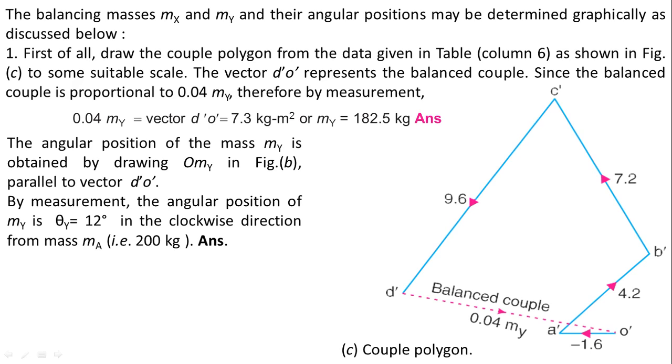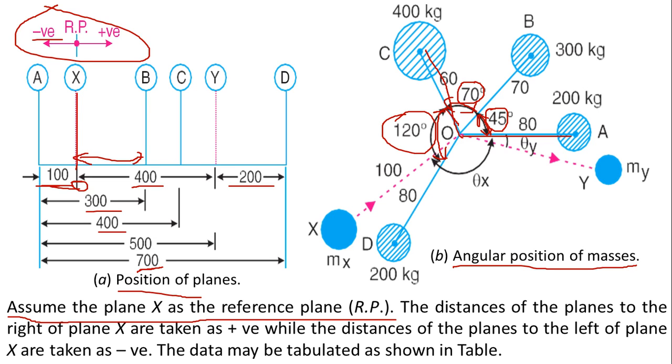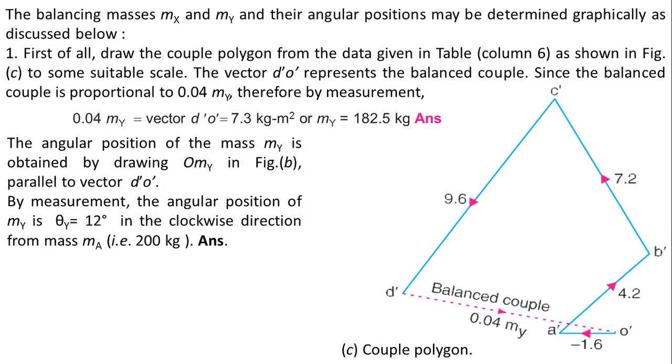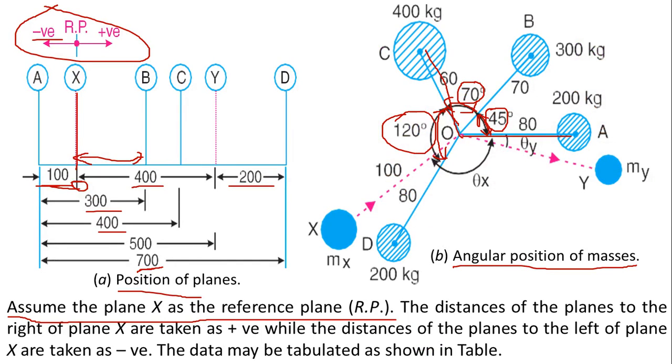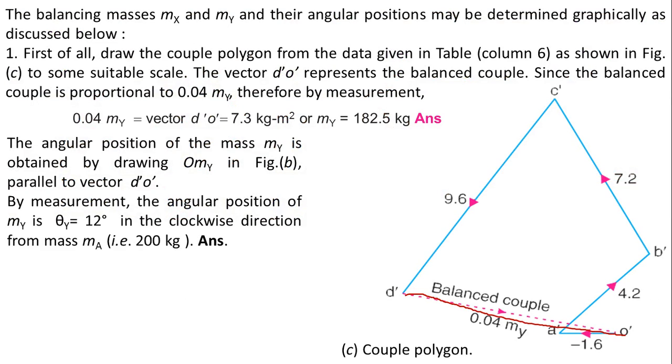You get the position for y. So same thing, whatever you have drawn here, take it parallel and draw it over here. This will be the value of theta y. So by measurement of this angle, you get theta y as 12 degrees.